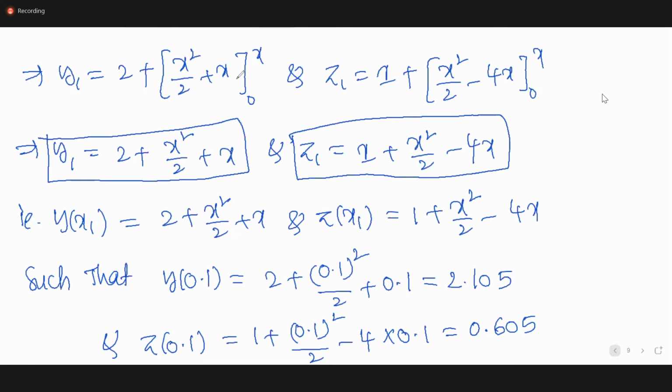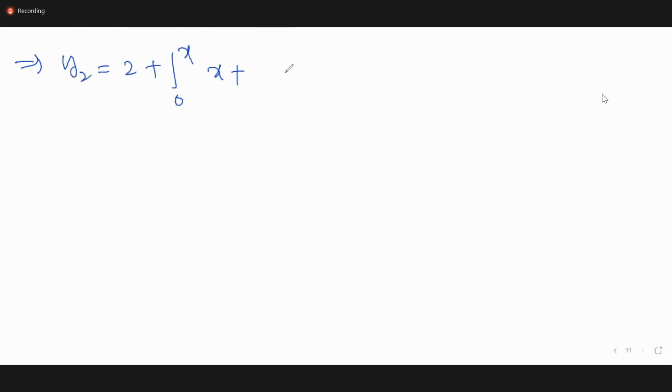So y2 is equal to y naught value. What is y naught value? 2. Integration from 0 to x, x plus, what is z1? 1 plus x square by 2 minus 4x, into dx.